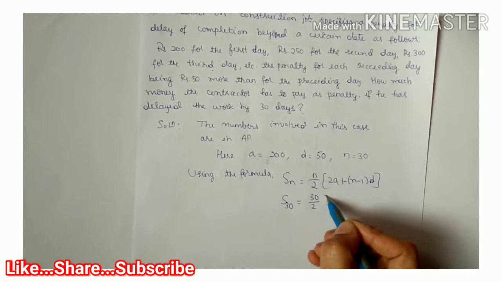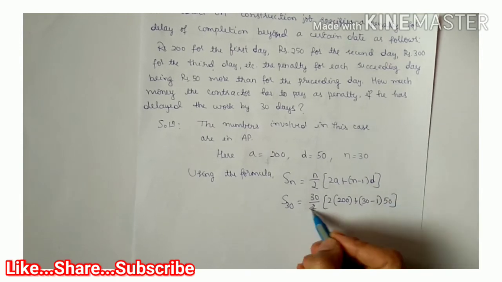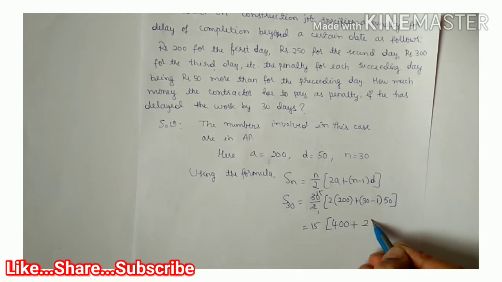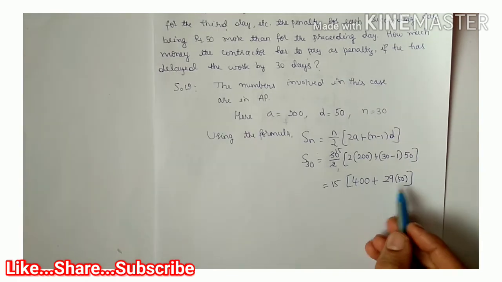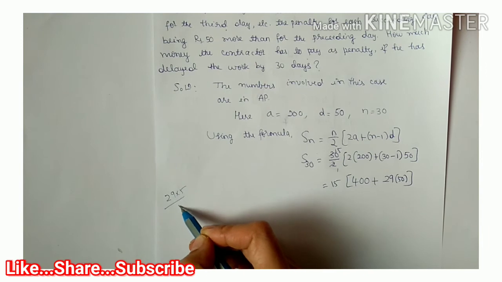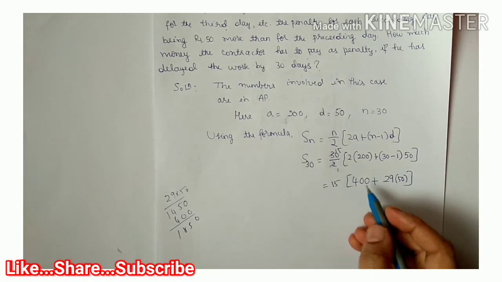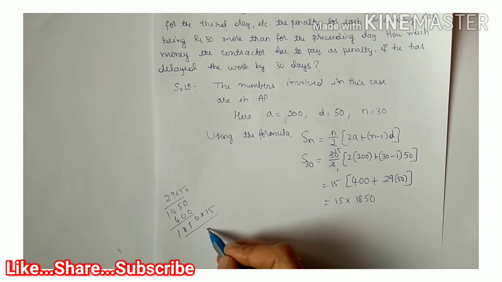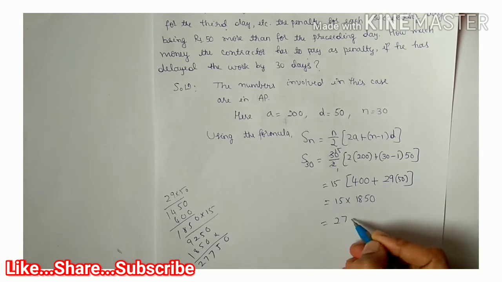S30 is equal to 30 by 2, 2 into first term 200 plus 30 minus 1, common difference 50. 15, 400. 200 into 2 is 400. 30 minus 1 is 29, 29 into 50 is 1450. 1450 plus 400 is 1850. 15 into 1850 is 27,750.